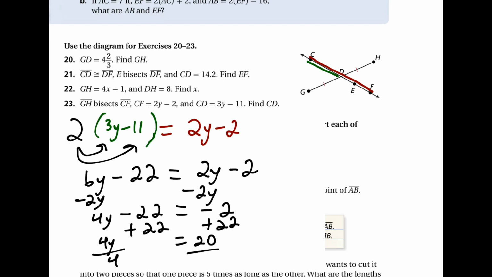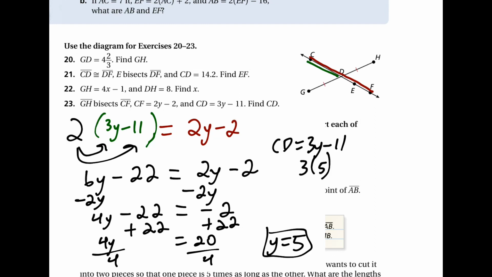Divide by 4. y is equal to 5. If I plug that back in, I know that CD is equal to 3y minus 11. So I can replace y with 5, and 3 times 5 is 15, minus 11 is equal to 4. That's the value of CD.